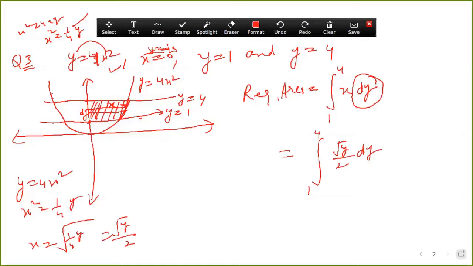I think you can integrate it. After integration, integrate on your own and apply the limit, and you will get the answer.